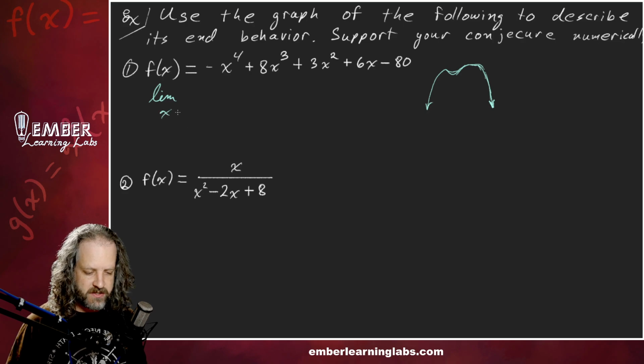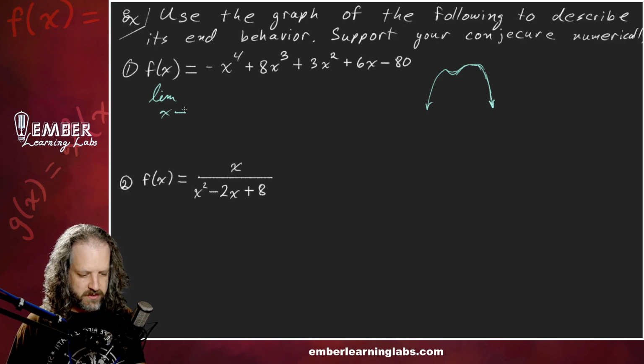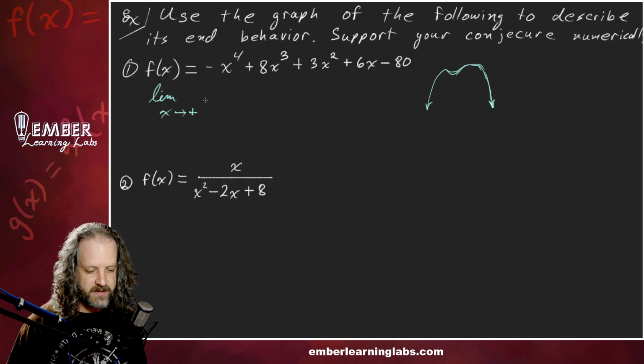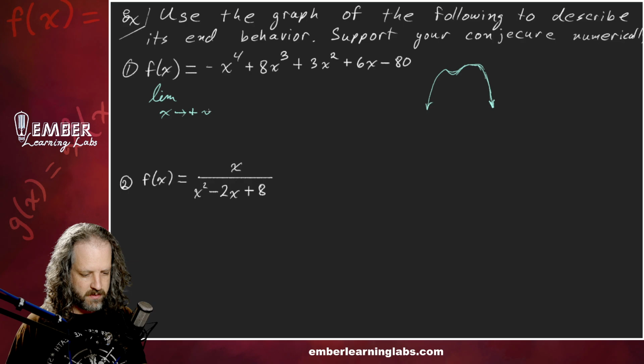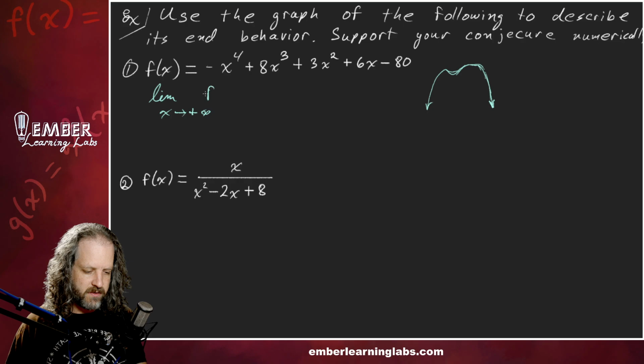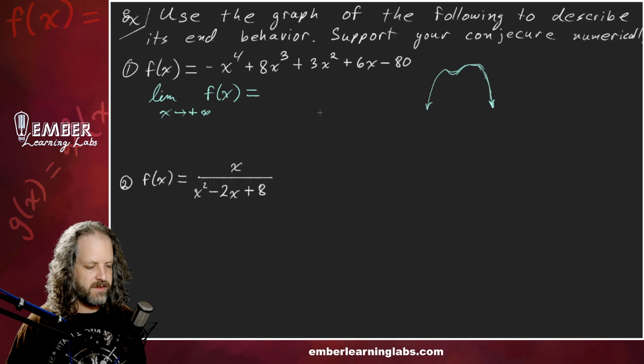as x approaches positive infinity, so as it goes to the right, of f of x is negative infinity.